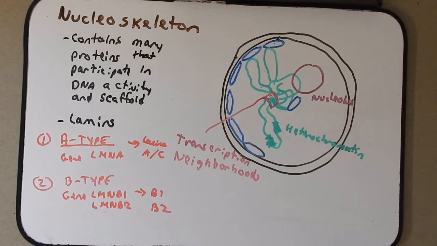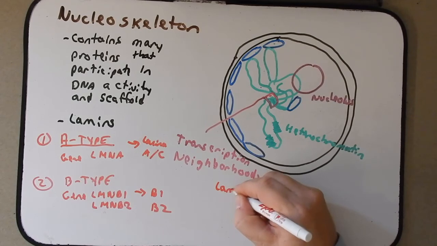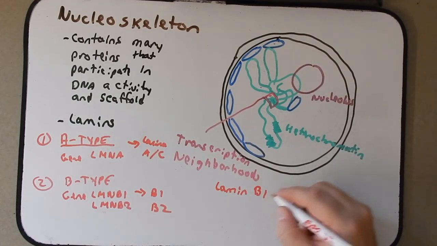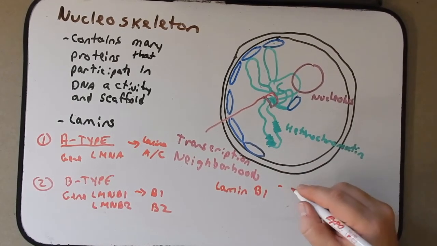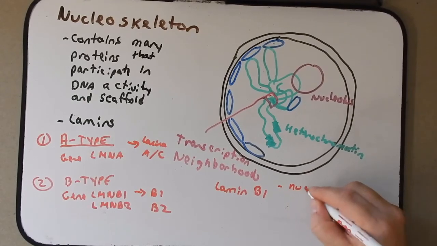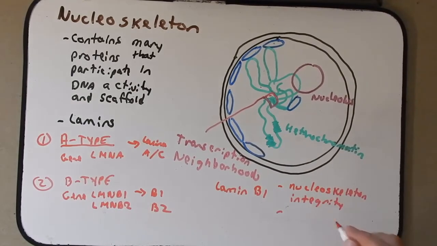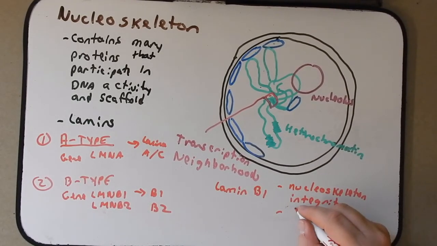Let me say a couple things about a few of these here. Lamin B1 is important in nucleoskeleton integrity, and it's important in gene expression.